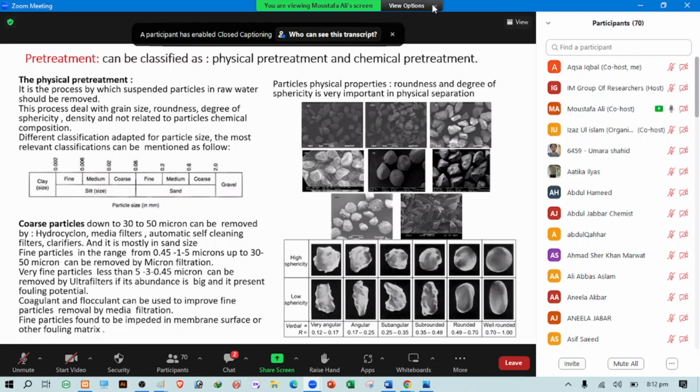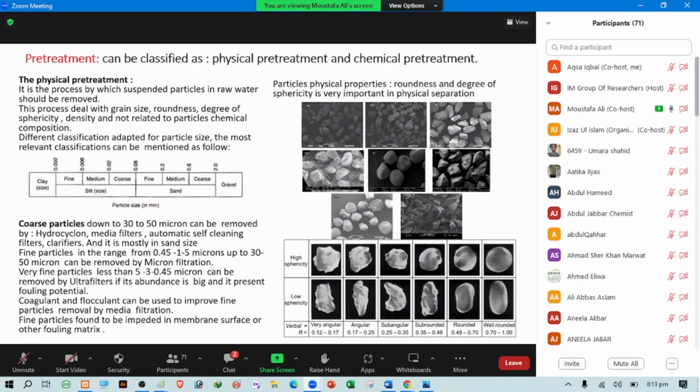All this suspended clay is less than 2 micron, and in such a case, we need much effort to remove it, either by applying flocculant and coagulant, or alternatively by ultrafiltration. Ultrafiltration in such a case is the optimum solution for the removal of these fine particles less than 2 micron.